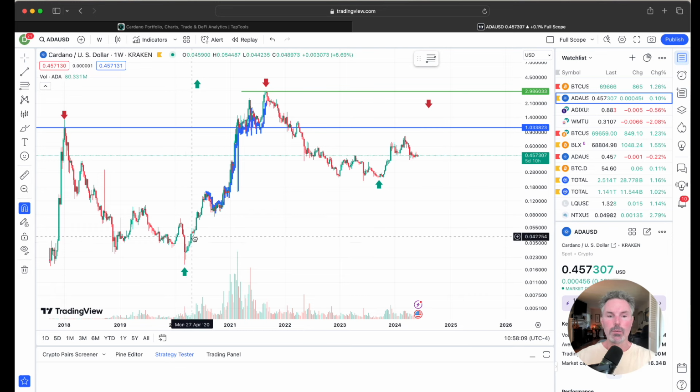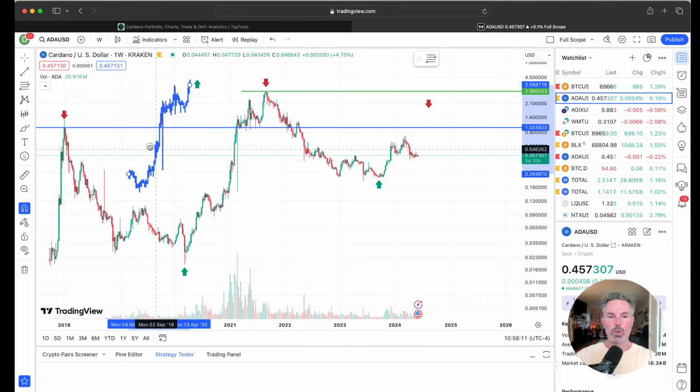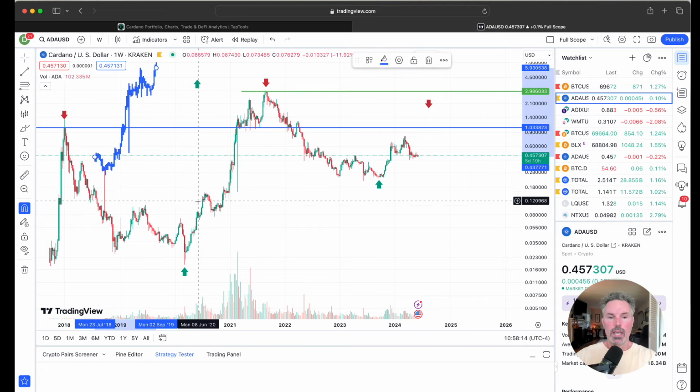Outside of that, we went on a nice rally, right? We went on a nice rally and then had this retracement. And retracements occur very frequently in bull markets, where people don't know if we're actually in a bull market because, oh my God, the prices went down and moved sideways for a while.